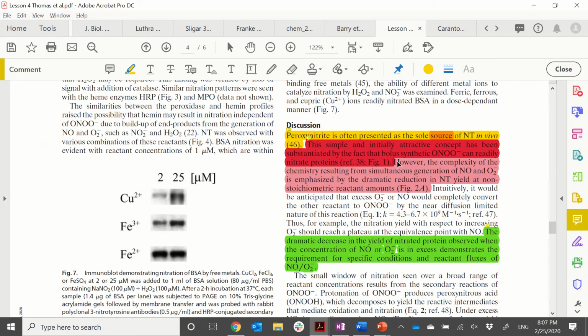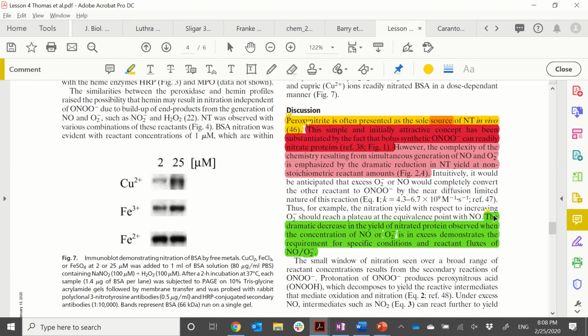Okay, in the next sentence that's highlighted in pink, it discusses data in Figure 2, discussing the complexity of chemistry resulting from simultaneous generation of nitric oxide and superoxide. It's emphasized by the dramatic reduction in NT yield at non-stoichiometric reaction amounts. So this is just discussing the description of the data in Figure 2a as well as their interpretation.